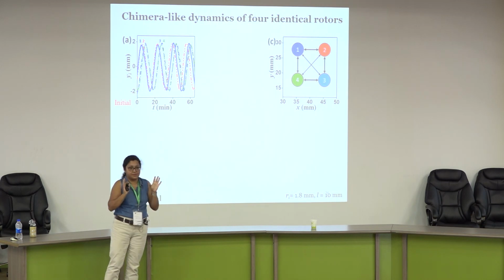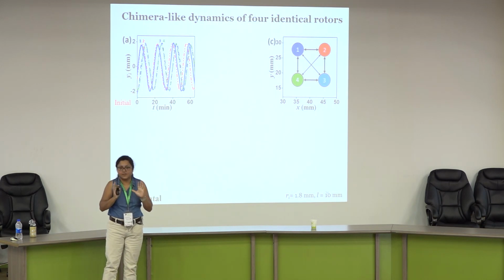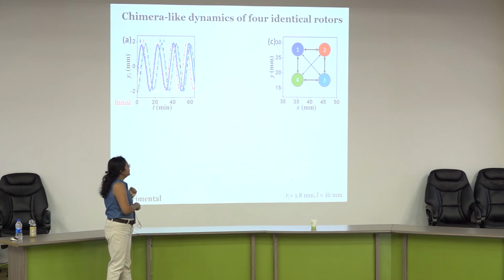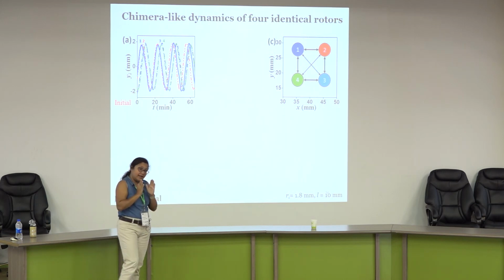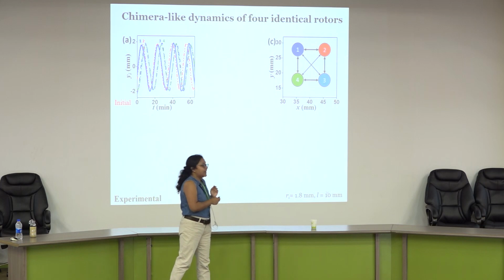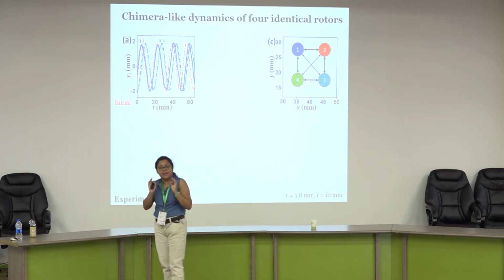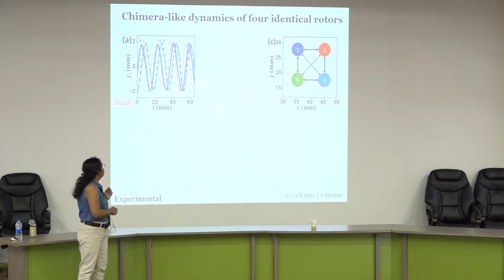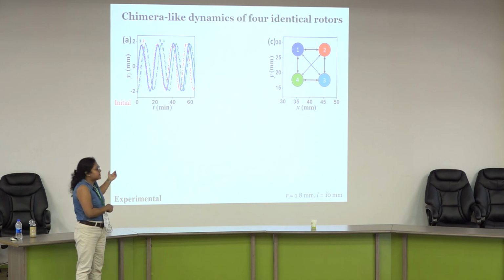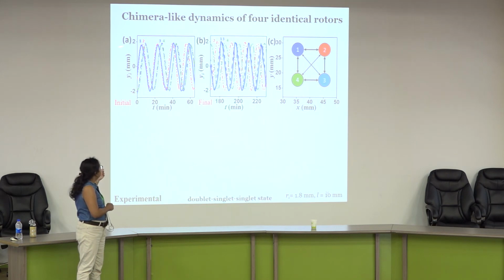So we had 4 rotors at the vertices of a square, and they are identical heterogeneities, so the frequencies are fixed. We look at their phase movement. What happens to the phases? We begin with 1, 2 and 3, 4. This is experimental results, and initially they look like that.